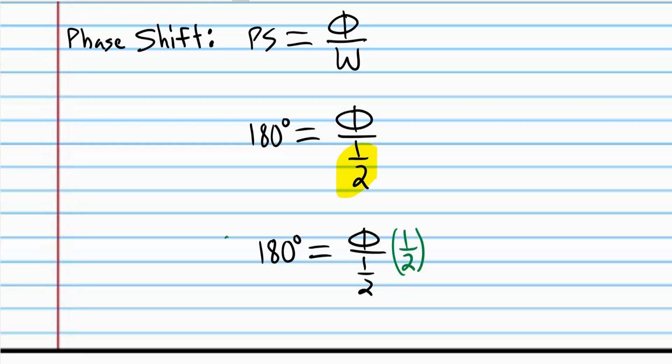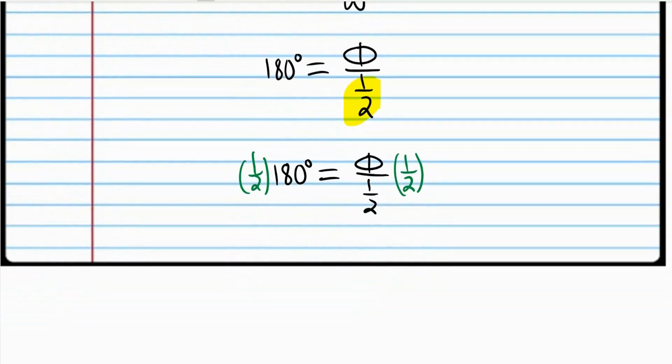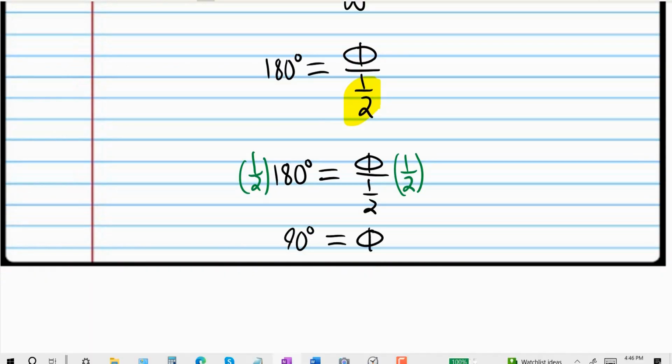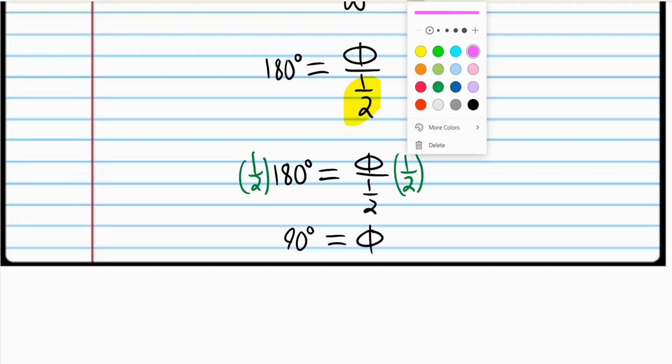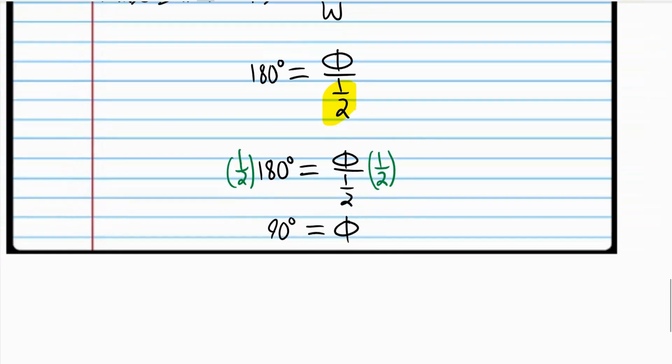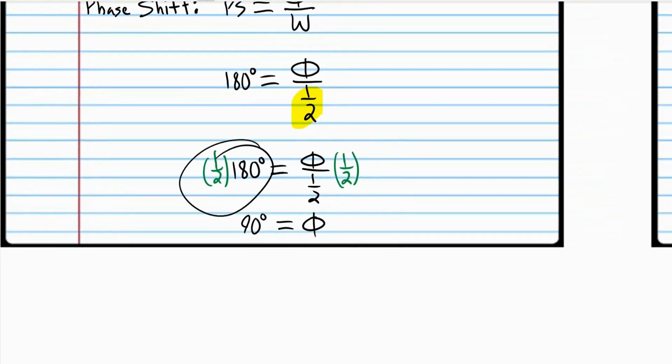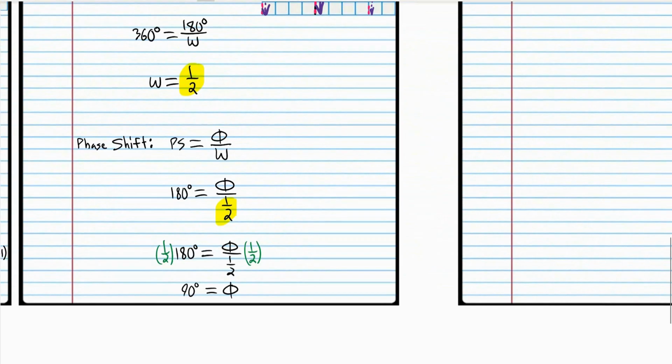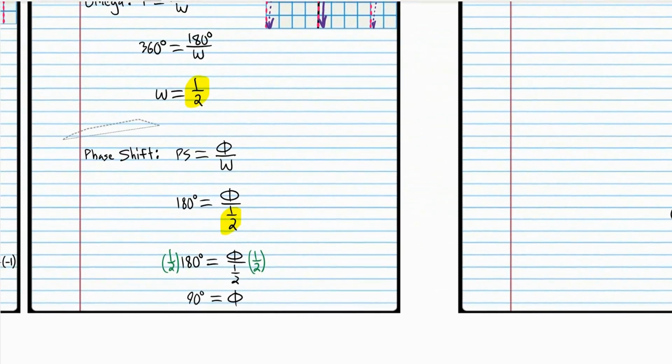We're going to multiply both sides of the equation by 1/2, and we get 90 degrees is equal to phi. The 1/2s cancel out here when you multiply, and 1/2 times 180 is obviously 90 degrees. So now we're ready to write our equation.